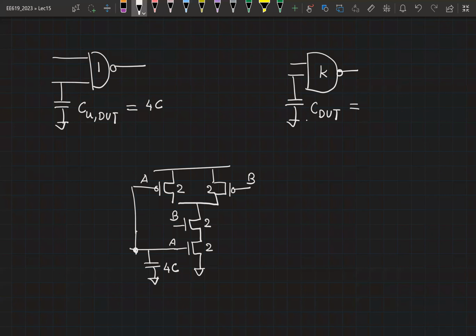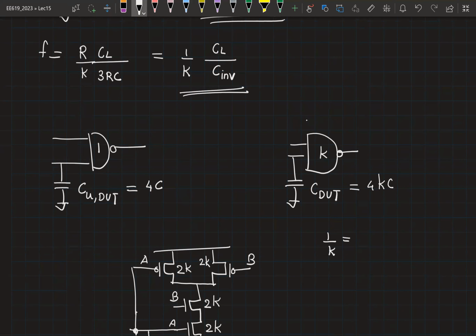If I upsize it by K, what is the capacitance? All of these are 2K. So the capacitance is now going to be 4KC. So I can write the expression 1 by K, which is what we need here. Can you give me an expression based on these two capacitances?